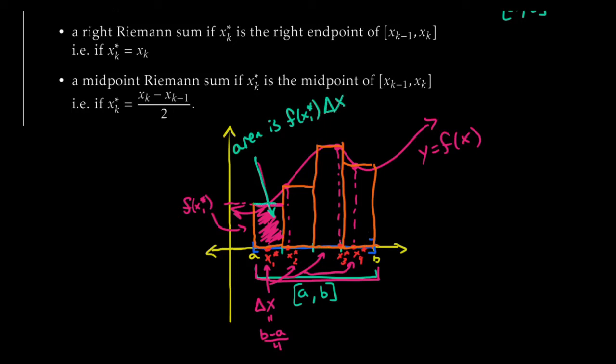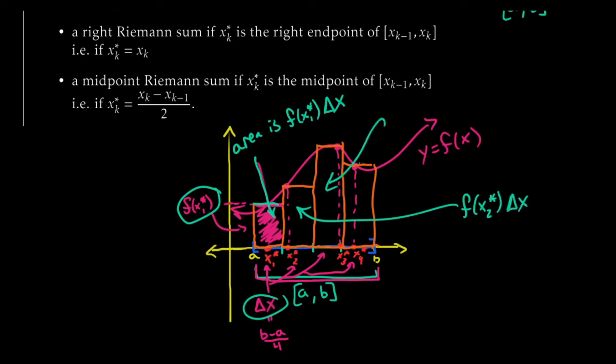That's the height, f of x1 star, and the width is delta x. So it's the area of this guy. The area of the next one is just f of x2 star times delta x. Same for each one: f of x3 star times delta x.